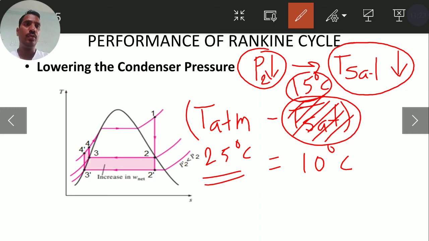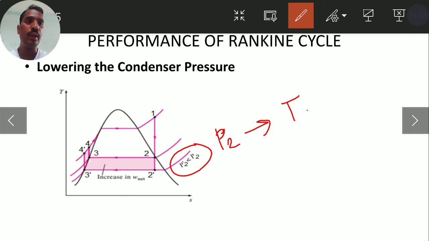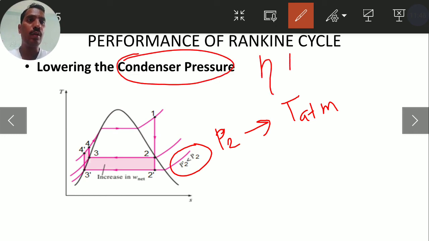From this we can conclude that the minimum pressure P2 depends upon the temperature at which we are rejecting heat into the atmosphere. By lowering the condenser pressure, the performance of a cycle increases. So this is the conclusion.